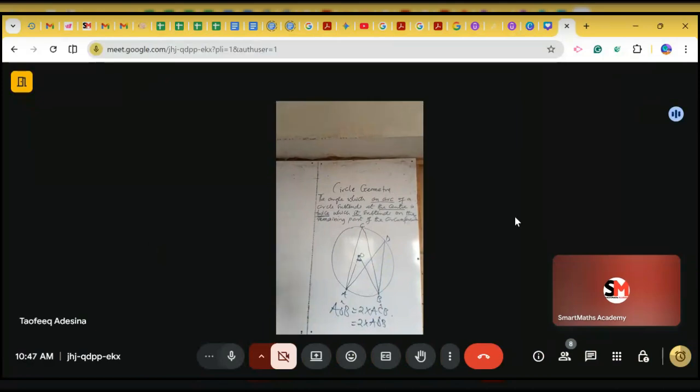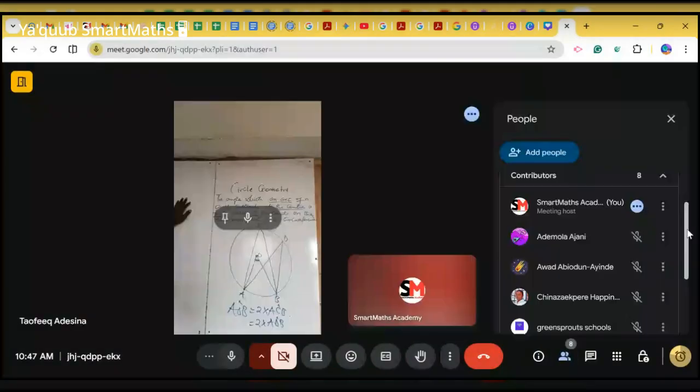So what we need to do here: what is the theorem talking about, and how do we apply it? Like I said at the beginning of this topic, they would ask us to prove that the angle an arc of the circle subtends at the center is twice the other.